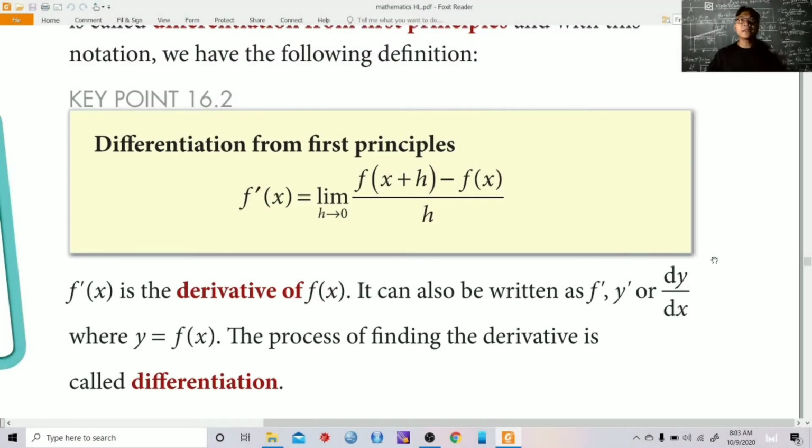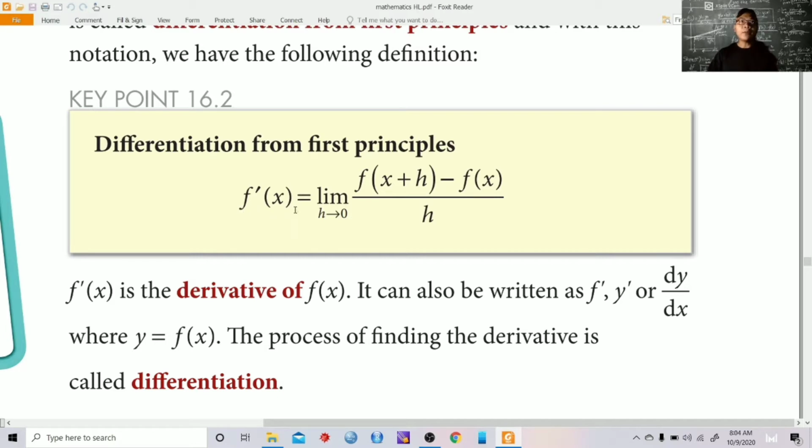Alright, so for the second lecture, we will discuss differentiation. Let us first discuss the first principle in differentiation. We have the formula f prime of x equals the limit of f of x plus h minus f of x all over h as h approaches 0.